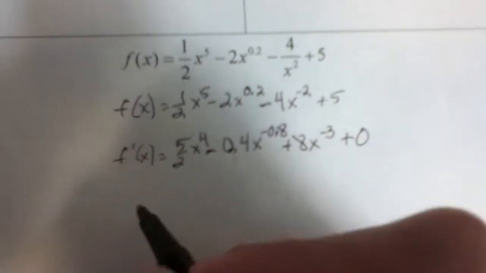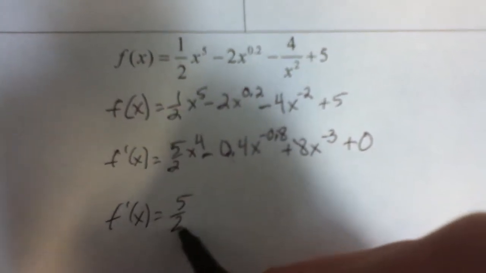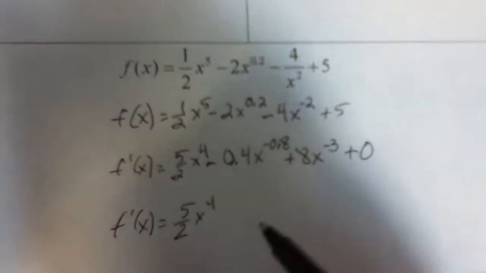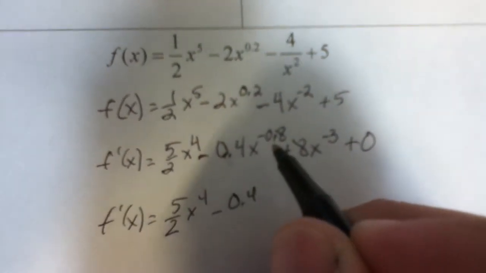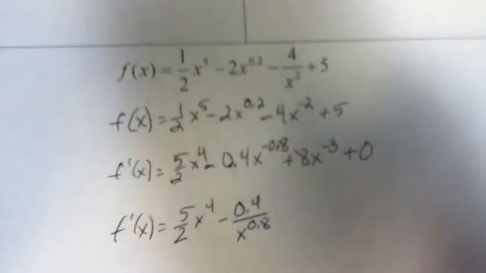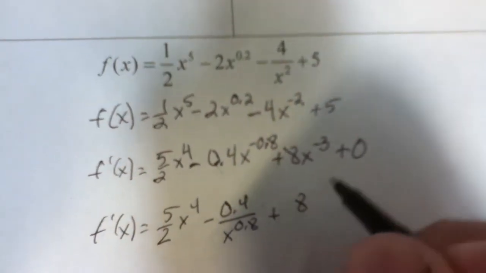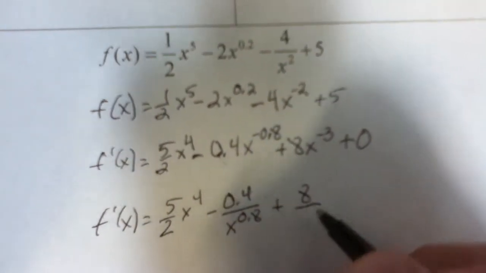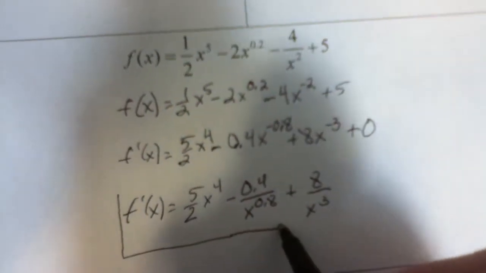Now, to simplify this for a final answer, I'd have 5 over 2 x to the 4 minus 0.4, but notice I have a negative exponent. To make it positive, we move it to the denominator, plus, leave the 8, we have a negative 3 to make it positive, goes to the denominator, and then we can leave off the 0.